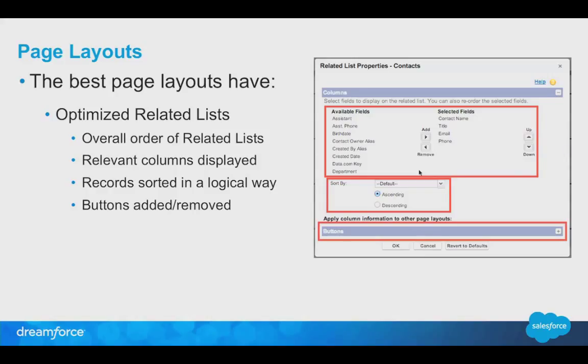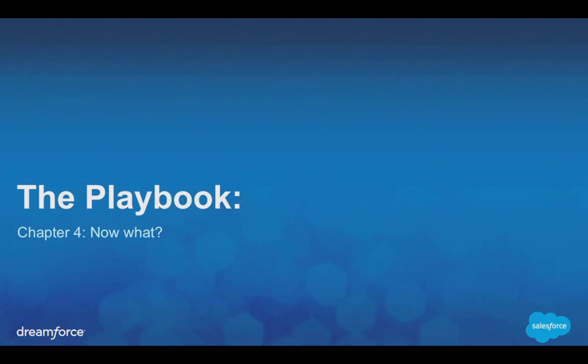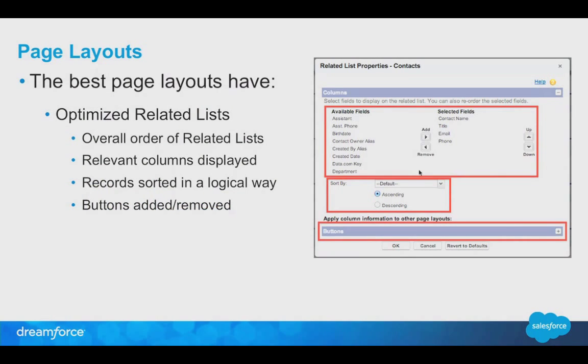You can actually click that thing, and it'll show you what buttons are available, and you can turn on and off the buttons on a given related list. So this is really useful if you've got a process that says, hey, we want you to always create opportunities from the given page. You can take all the other related list new buttons away from the pages you don't want people creating opportunities from and drive them toward that.